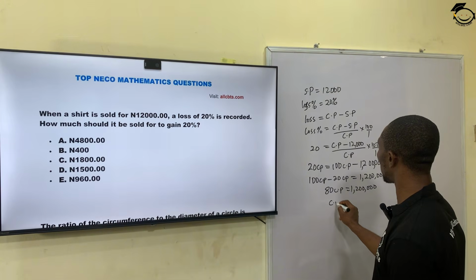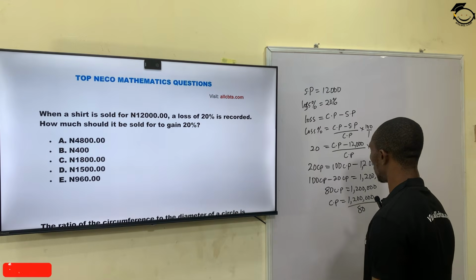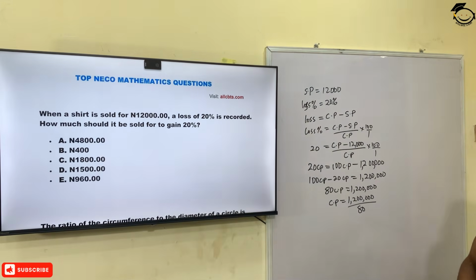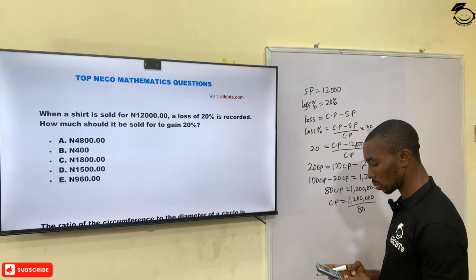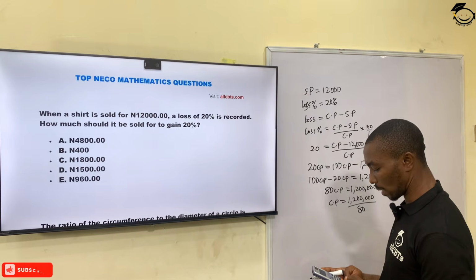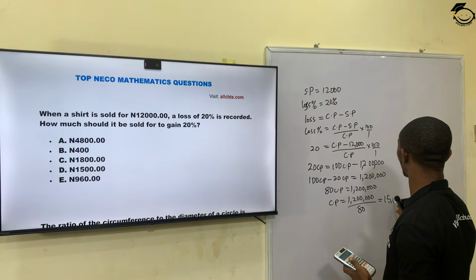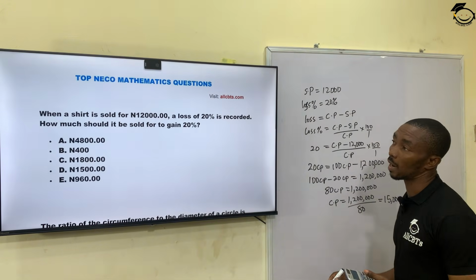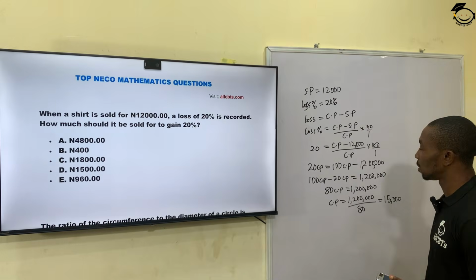So our cost price will become 12 million divided by 80. So our cost price would be 12 million divided by 80, which would give us 150,000. So our cost price that gave us a loss of 20% is 150,000.